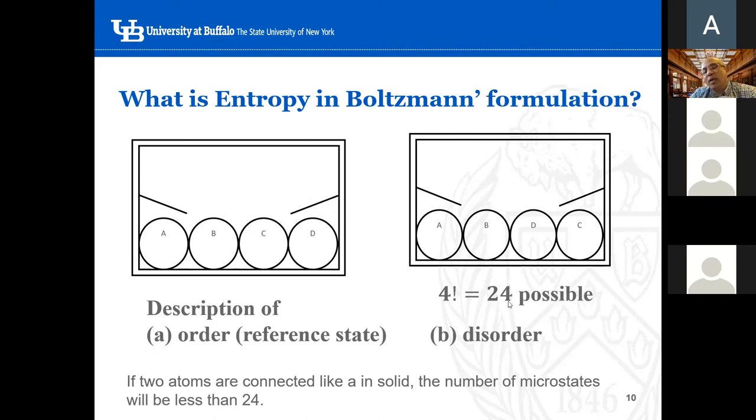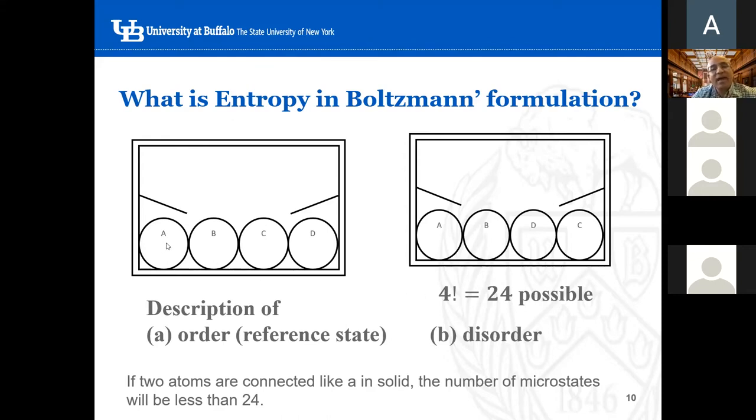And there are only 24 possible combinations here, and you cannot generate any more combinations. And of course, here we are assuming that this is like a gas, and A, B, C, D atoms are not attached to each other, okay? As a result, you have 24 possible combinations, which is Boltzmann's formulation.